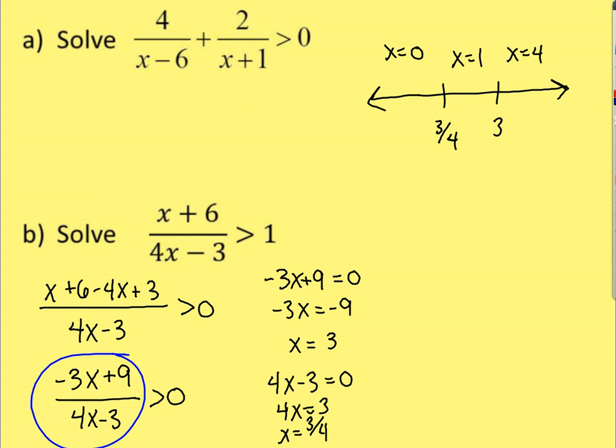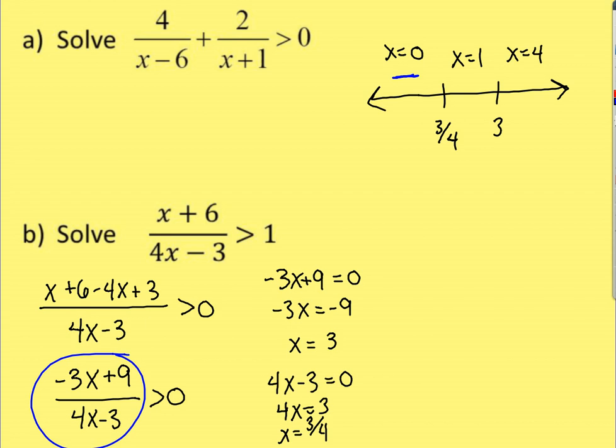We're going to plug these values back into that function down in the left-hand corner. So if we plug in 0, negative 3 times 0 is 0. 4 times 0 is 0, so we just have 9 over negative 3, which would give us a y value of negative 3. So in this interval, it is negative.